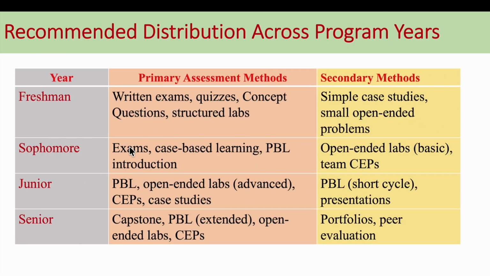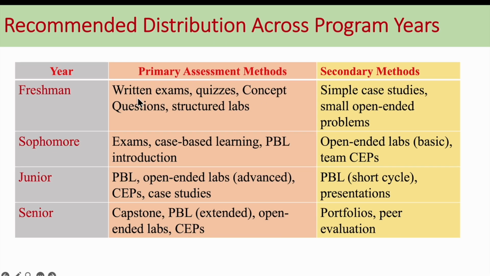Recommended distributions across program years, starting with freshman, list the primary assessment methods. For freshmen, the primary methods are written exams, quizzes, concept questions and structured labs; the secondary are simple case studies and small open-ended problems.